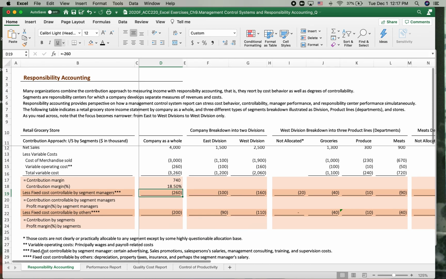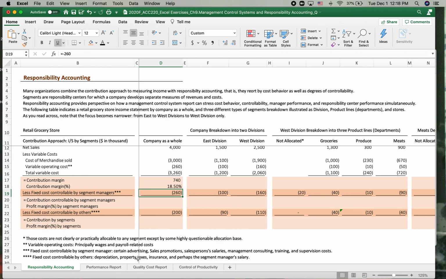This controllable fixed cost is, for example, advertising or sales promotions, salespersons' salaries, management consulting fees, or training and supervision costs. Those are the fixed costs controllable by segment managers.